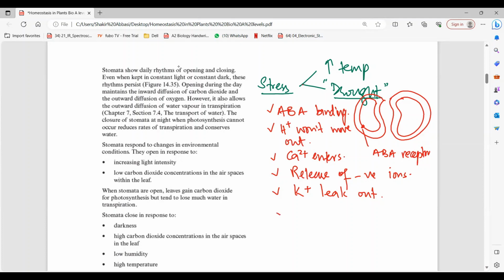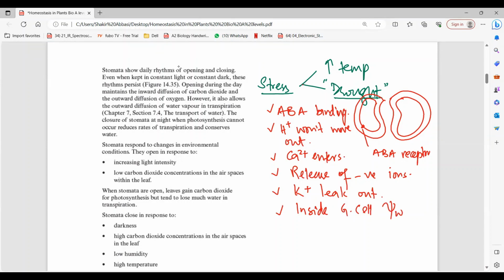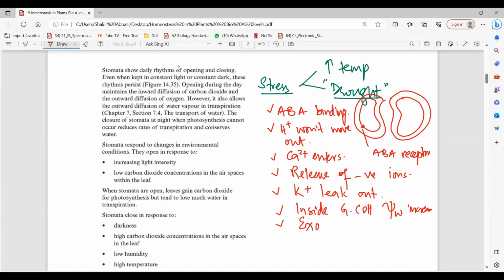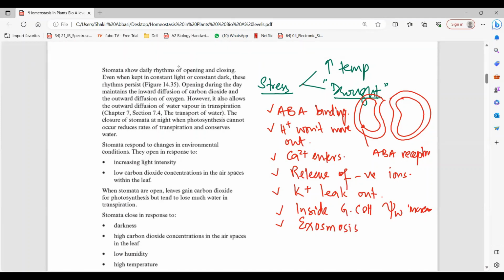When potassium ions go out, obviously outside gets low water potential rather than inside. So you can say inside guard cells, water potential increases. When water potential increases inside guard cells, obviously exosmosis occurs. Exosmosis means water goes out of guard cells because inside water potential has increased.